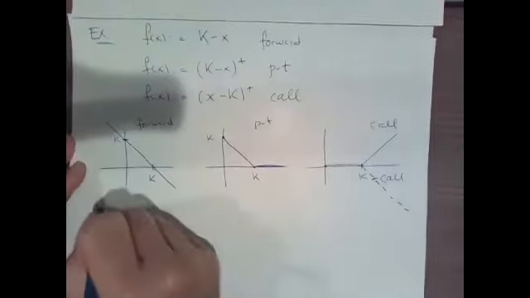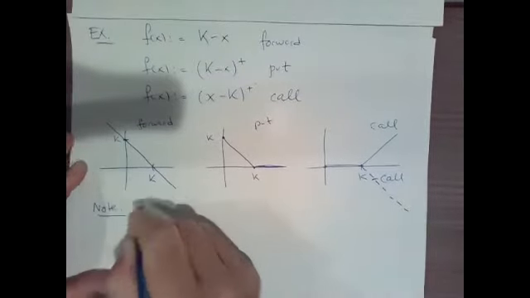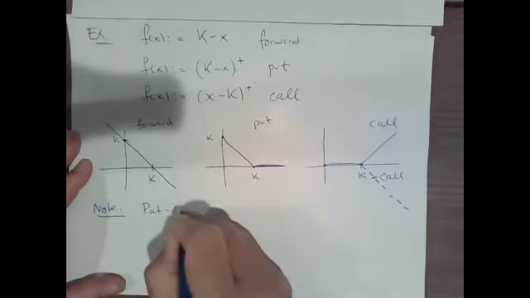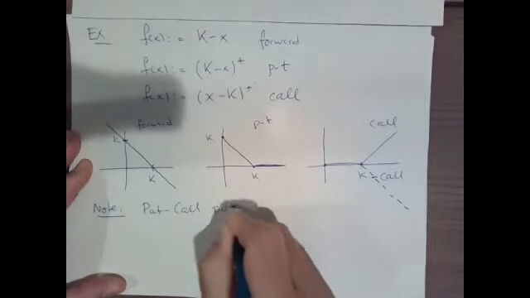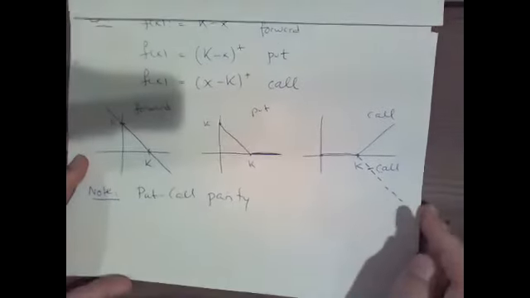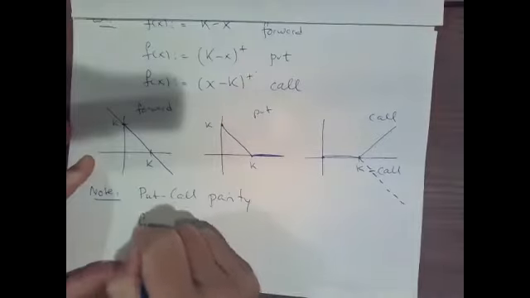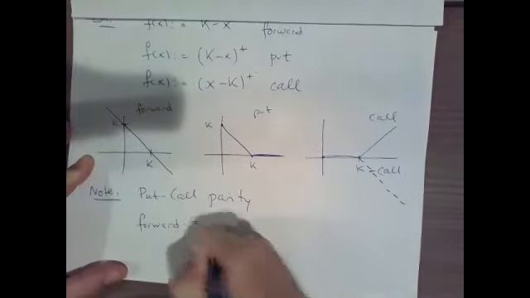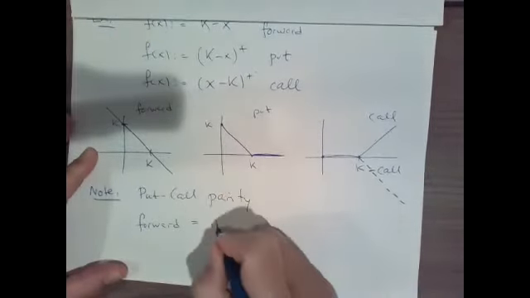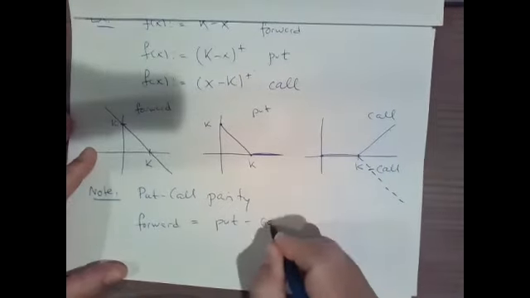So this is just a note. And this here has a fancy name. It's called the put call parity. If I take the forward, this is equal to put minus call.